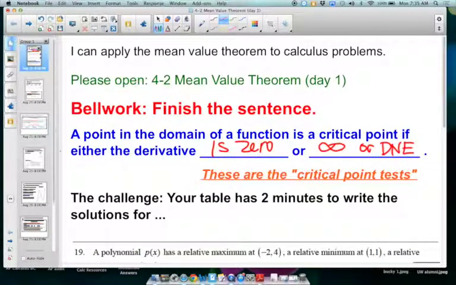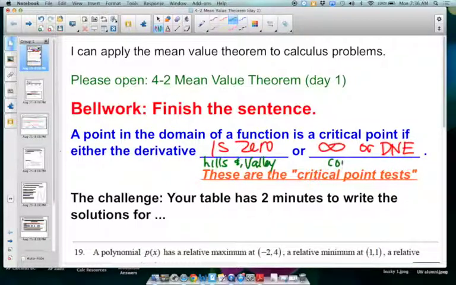Okay? Get a visual picture of this. Hill or valley: 0 critical point means horizontal tangent line, right? So we're talking about hills and valleys. Infinity or does not exist means a vertical tangent line, right?